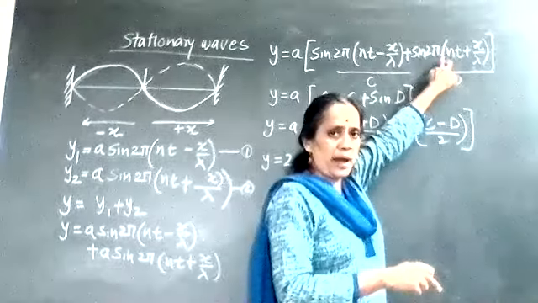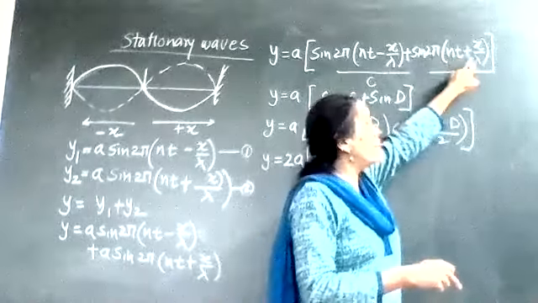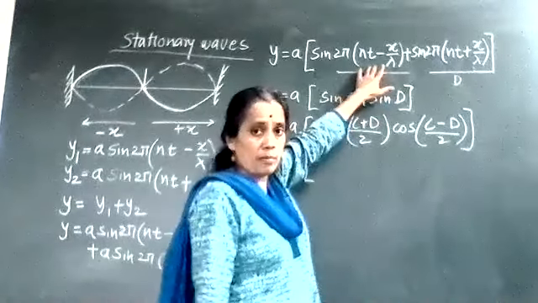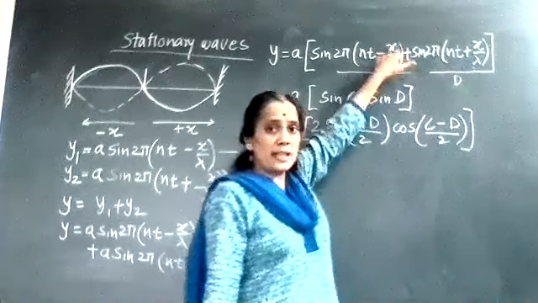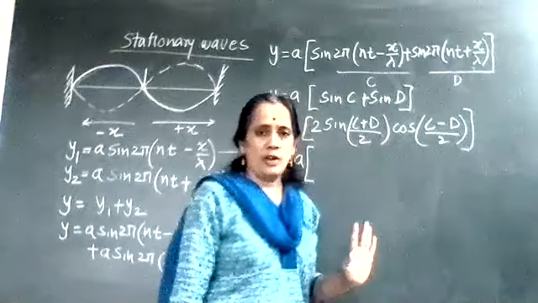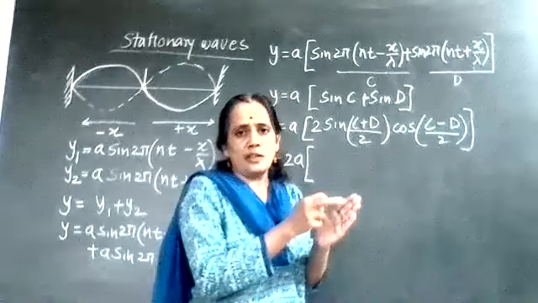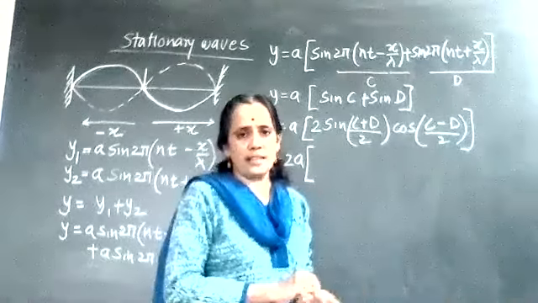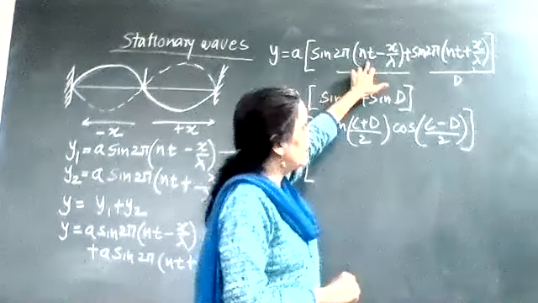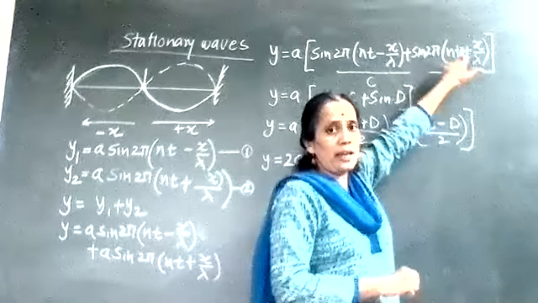Plus 2 pi into bracket nt plus x upon lambda. Now in the first c term there is a term minus x upon lambda, and in the d term there is plus x upon lambda. So when you add c plus d, the plus term and minus term will get cancelled. So what is remaining? 2 pi nt here, and 2 pi nt here.